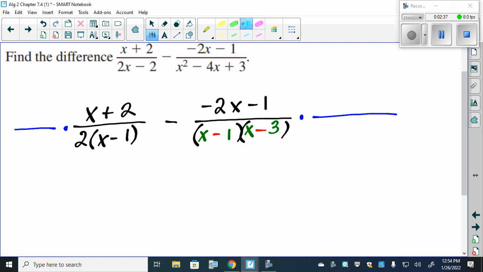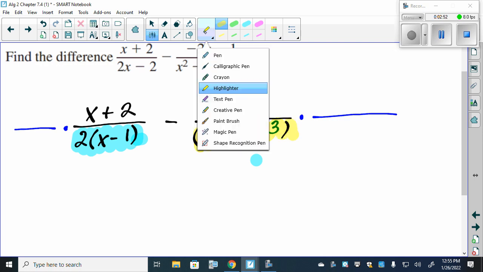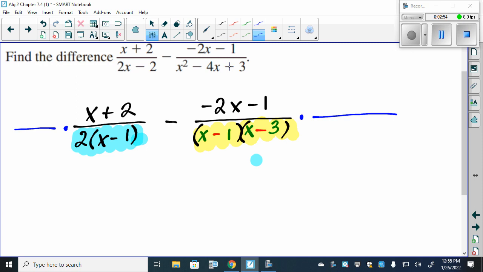So the first thing we want to look at is what does the 2 times x minus 1 have that the x minus 1 times x minus 3 does not? The 2. Because it does have an x minus 1, but the only thing it's missing is the 2.